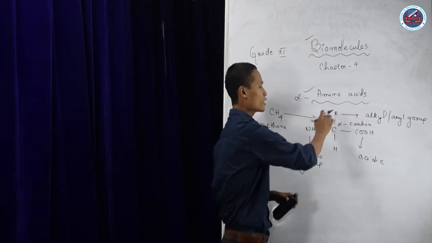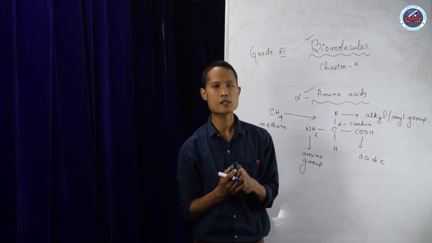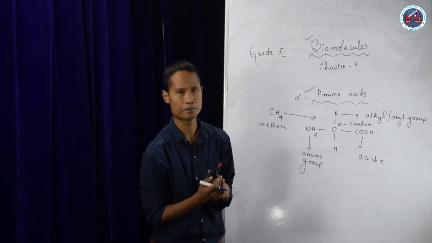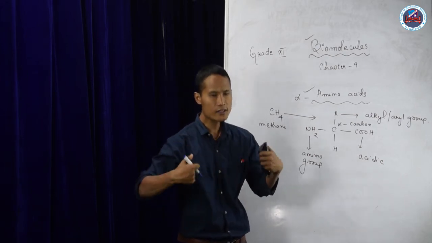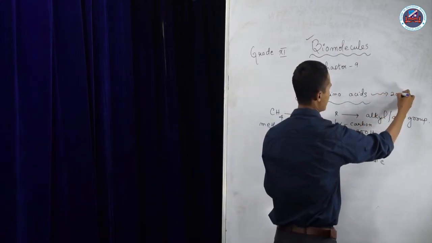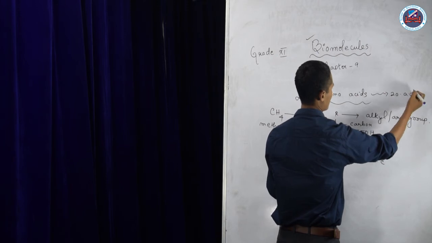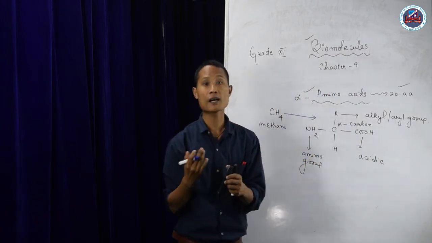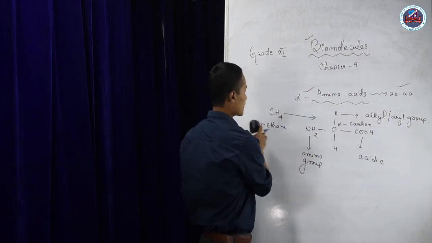Based on the R, there are 20 different kinds of amino acids in our living system, naturally occurring amino acids.